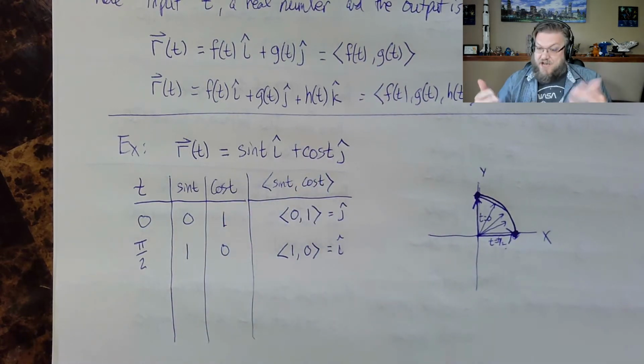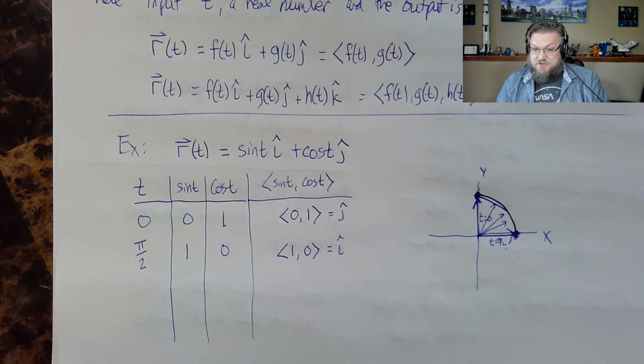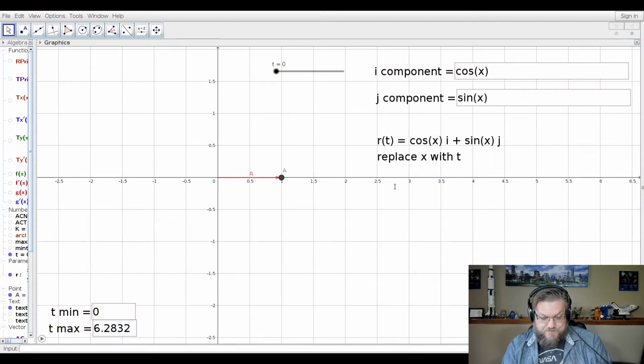Now, to quicken this process, let's go to GeoGebra, where I made this worksheet that we can work with. All I have to do is click on this, and I can put in the i component, which is sine of. GeoGebra requires an x because it doesn't like t as a variable.